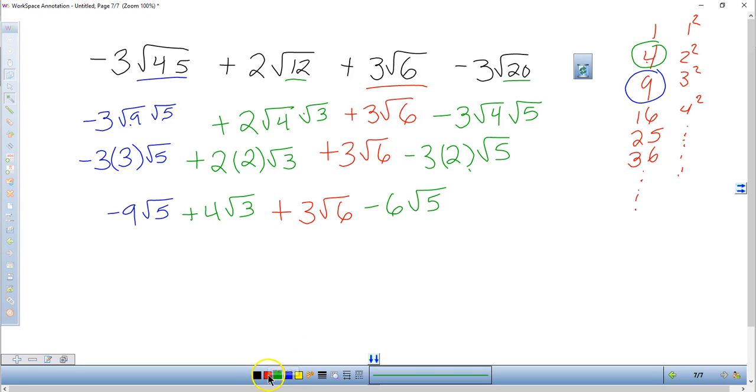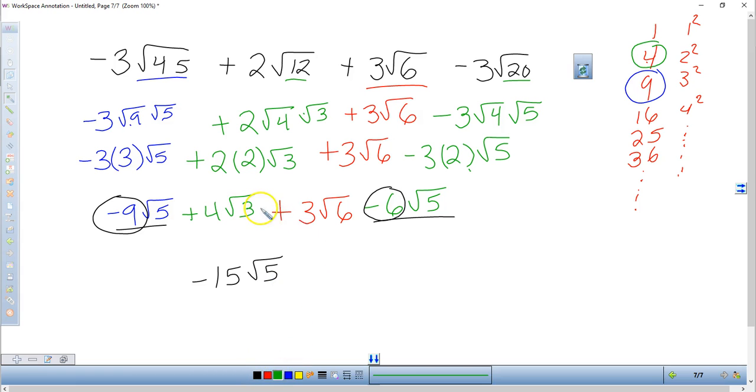Now what we're going to look at is, do any of these combine together? And we've got two candidates here and here, because they both have square roots and they both have the number 5. Therefore, we're going to combine the numbers in front. So I've got negative 9 and I've got a negative 6. Combine them together and get a negative 15.